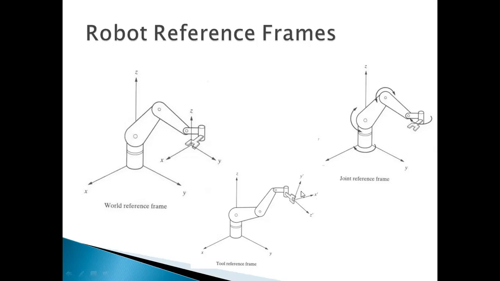So you can compare and find out the rotational and translatory movement of the wrist with respect to this frame. This is important for denoting the tool reference frame.